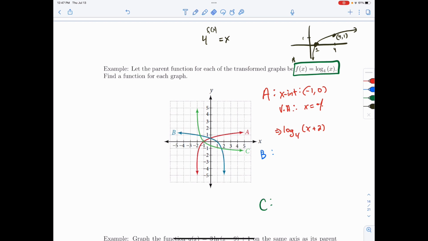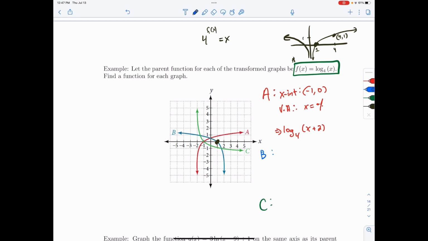All right, so for the next one, for B, we're still going to use a base of 4, even though we're decreasing. The way that this can become decreasing is by having a reflection. We're only going to do a horizontal reflection. This is going to reflect across the y-axis. So if I reflect this across the y-axis, it's going to be like this. And then I want to move it to the right 2 units so that I still have that same x-intercept.